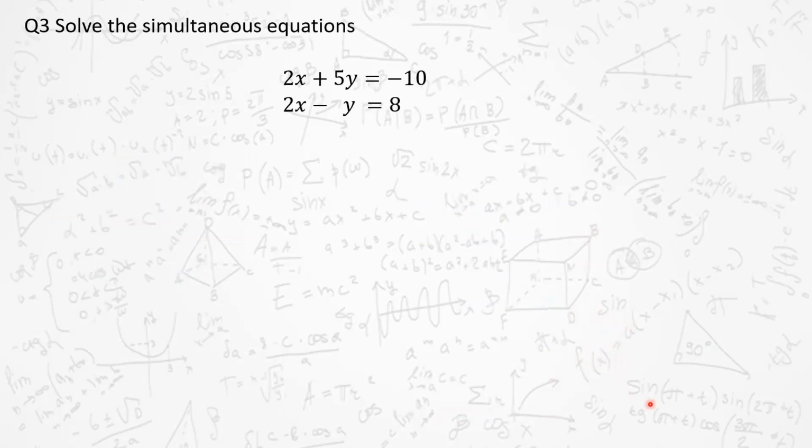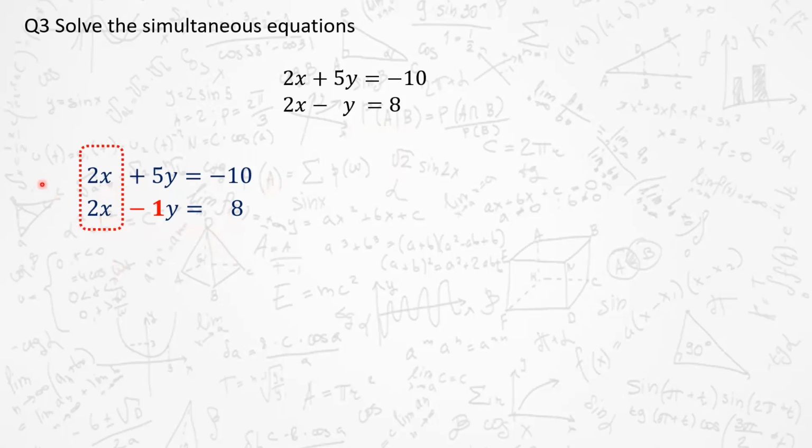Next is question 3. 2x plus 5y equals minus 10 and 2x minus y equals 8. Put the two equations side by side. So minus y is actually minus 1y. Our x terms are the same.